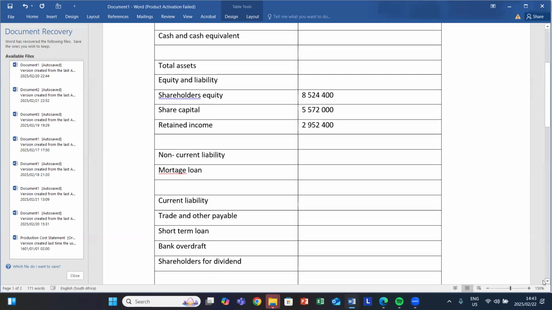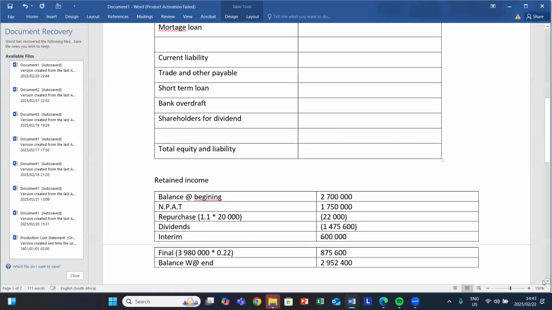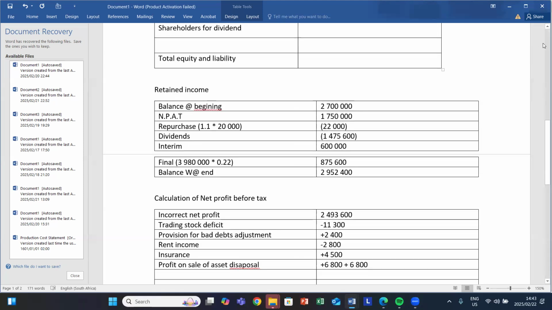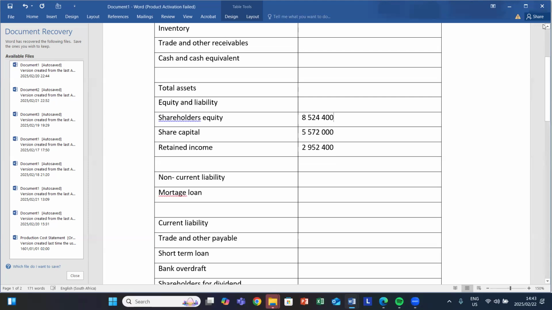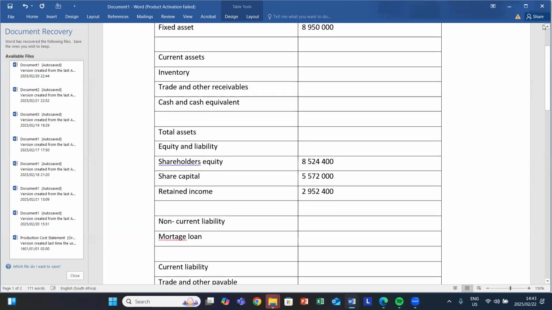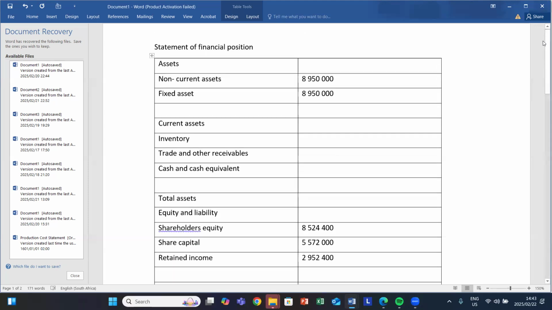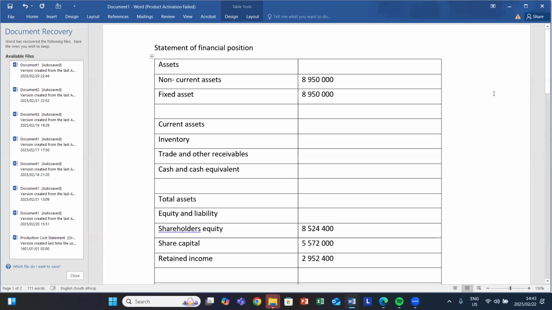And then we are done with our net profit. We are done with our retained income and also the calculation of net profit. So we can simply wrap up with our balance sheet. In our balance sheet, they provided us with the values for non-current asset and also our share capital.